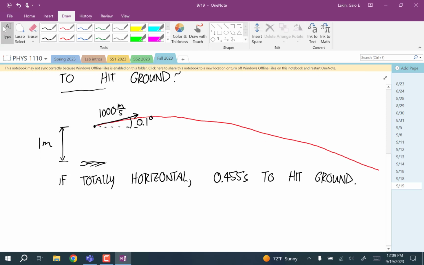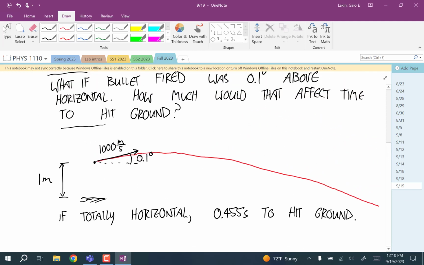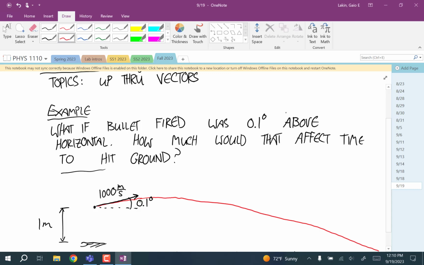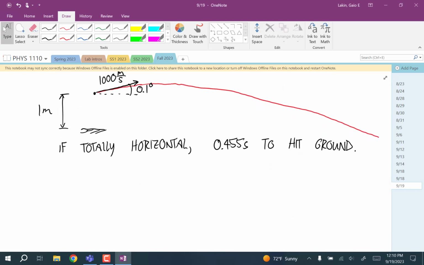Okay, so let's calculate what it is in this case. The key thing is this is a tiny, tiny angle. All right, so the first thing we have to choose is a time equals 0 instant and a time final instant.